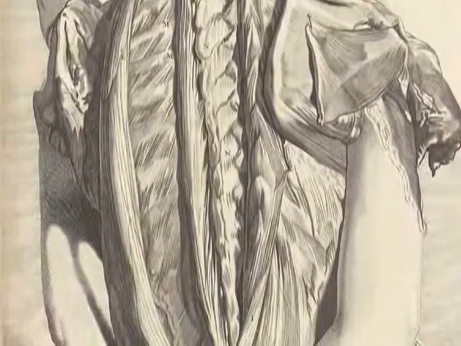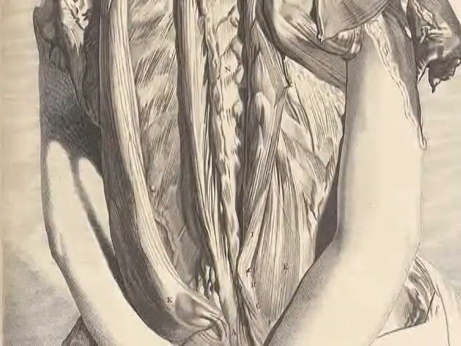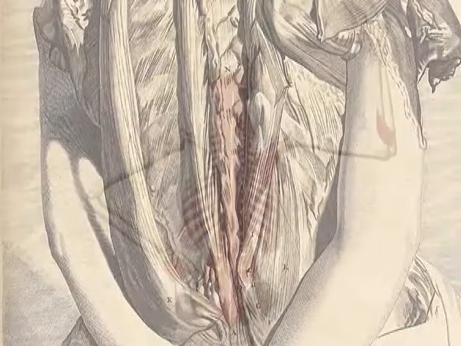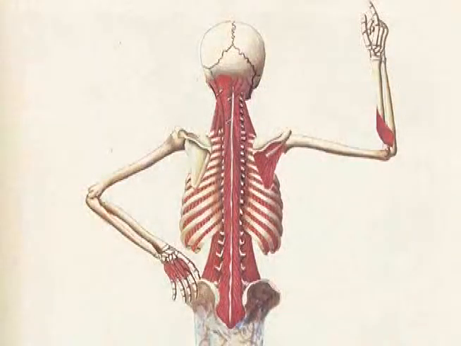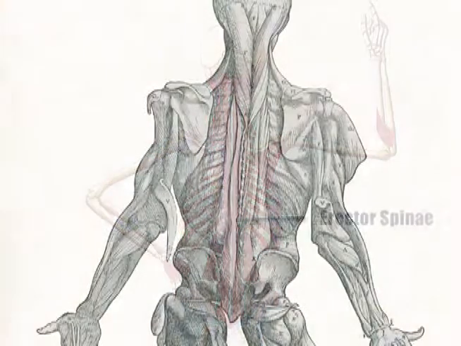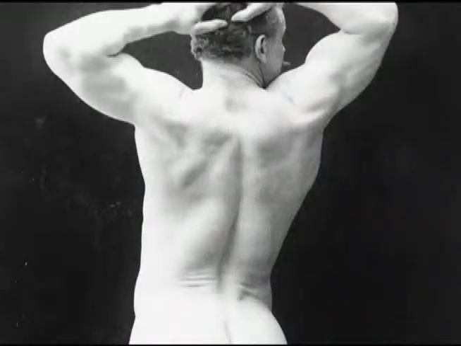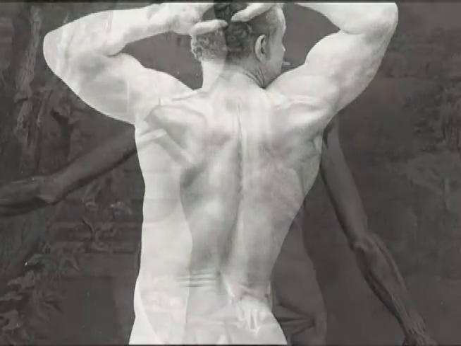There are several deep layers of muscles running up and down the back, weaving among and attaching to the vertebrae. But the defining muscle group of the lower back is the erector spinae. Their appearance is like 2 thick cords running up the back on both sides of the spinal column, creating a valley or channel between them.